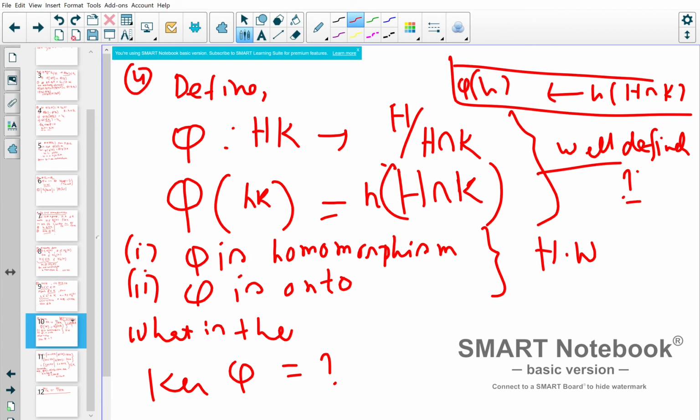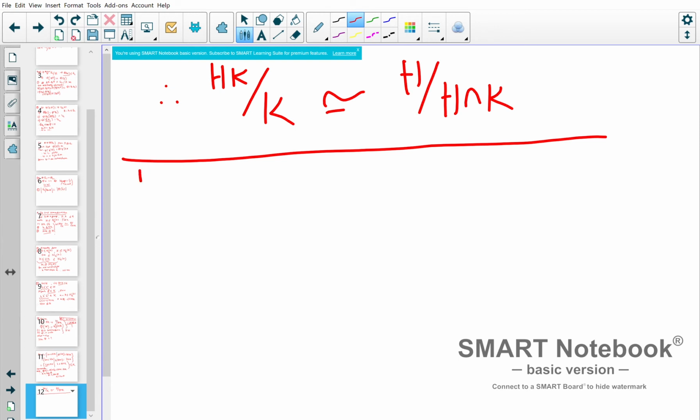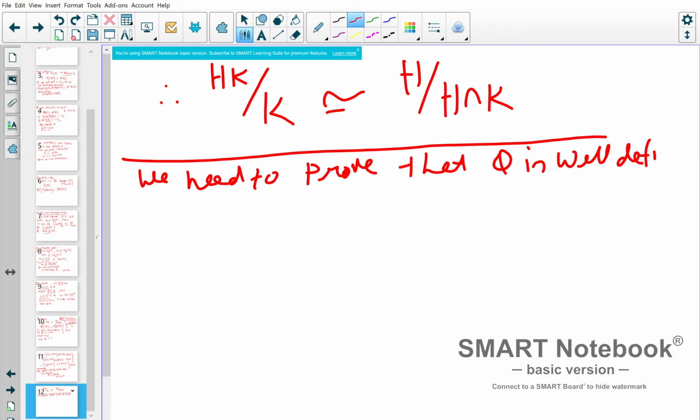So we also need to prove that phi is well defined. How do I prove phi is well defined? What does that mean? How to prove something is a well defined map?